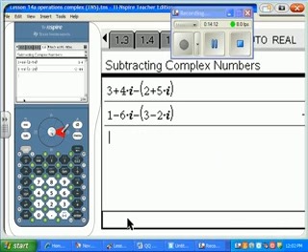So, I don't know, let's see here. Put 4 minus 6i minus 8 plus 7i. What is that line before the 4? That's just the cursor. -4 minus 13i.